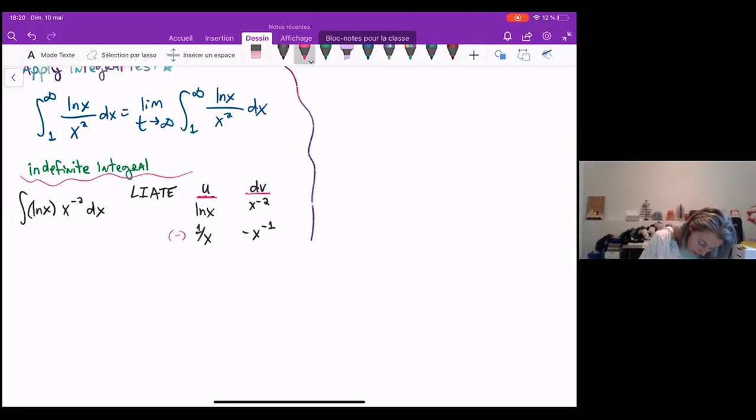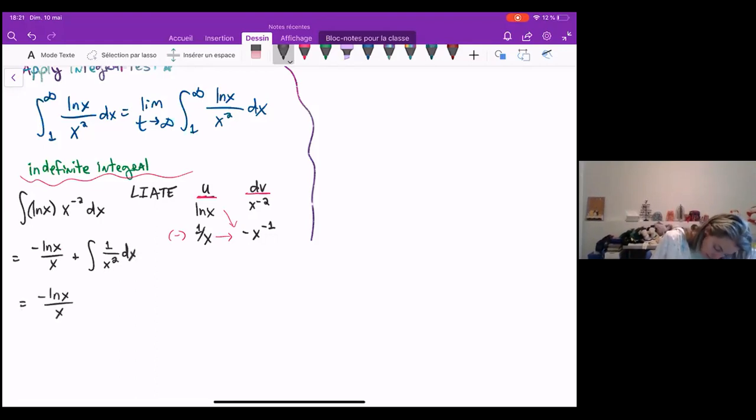We stop there. That left side is not going to 0. It's not repeating itself. So we end up with this is equal to negative ln x over x plus the integral of 1 over x squared dx, which is equal to negative ln x over x plus negative x to the negative 1 plus c.